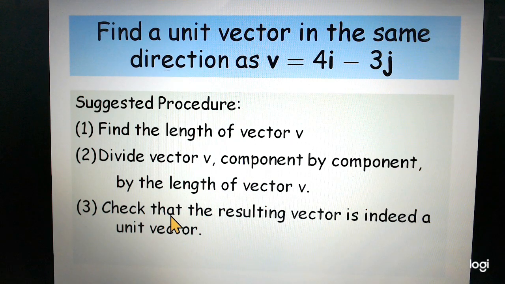And if you want to do a check, you can. You can probably do this mentally, right? 4 squared plus negative 3 squared, 16 plus 9, under the radical 25 is 5. So it looks like this vector has a length of 5. So what we're going to do then is divide each of the components by 5.